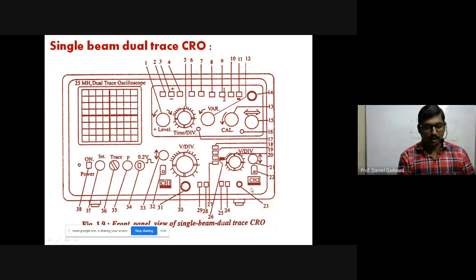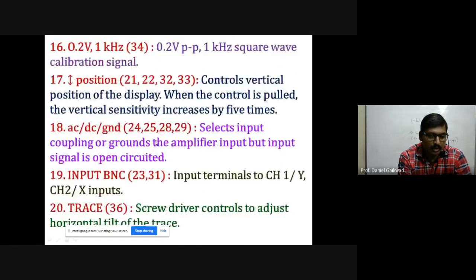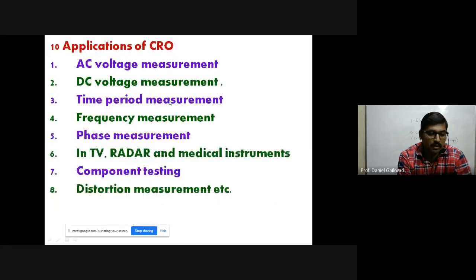In the practical lab we have this type of CRO, which is a single beam dual trace CRO. We are going to learn that in the next lecture. In the next lecture we begin with the single beam dual trace CRO and its front panel. We have a number of points in that topic, and then we have the applications of CRO.